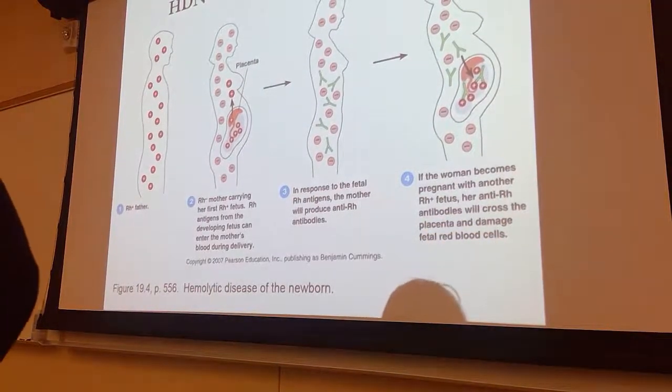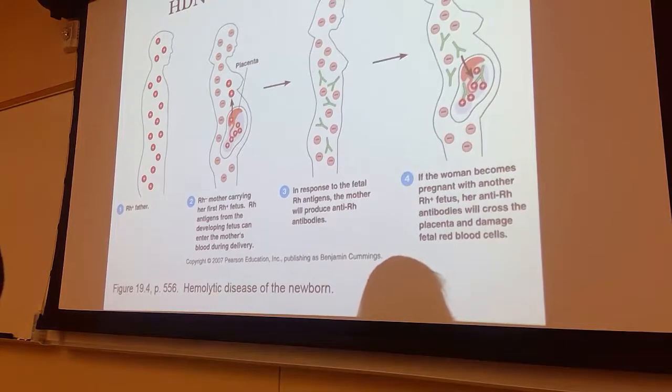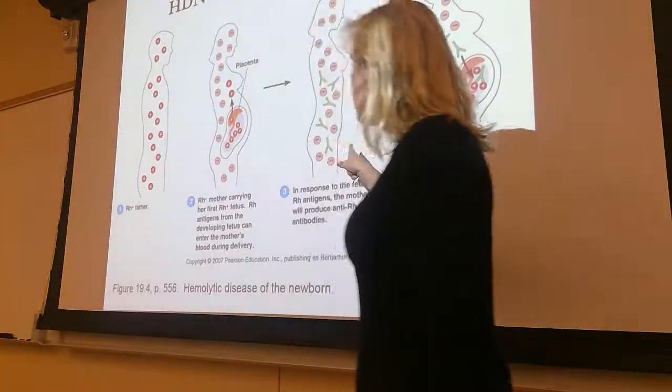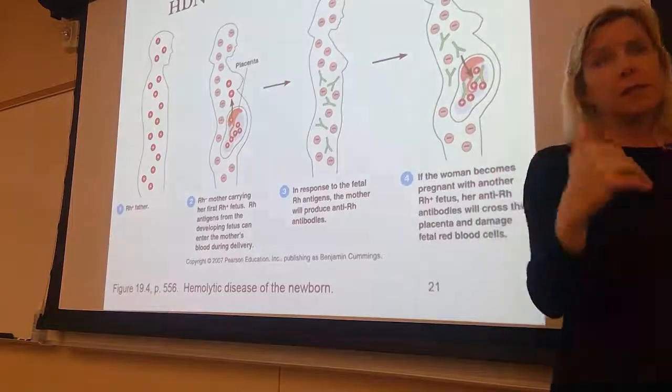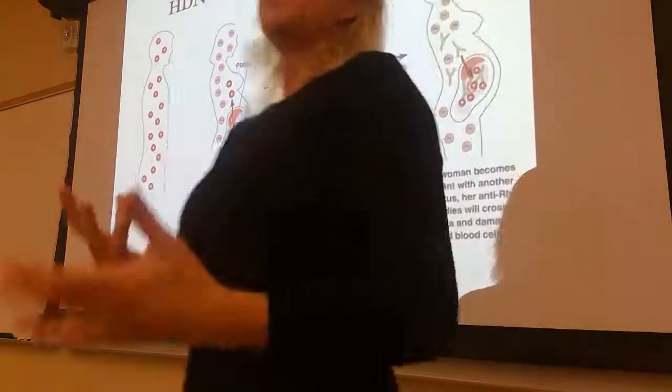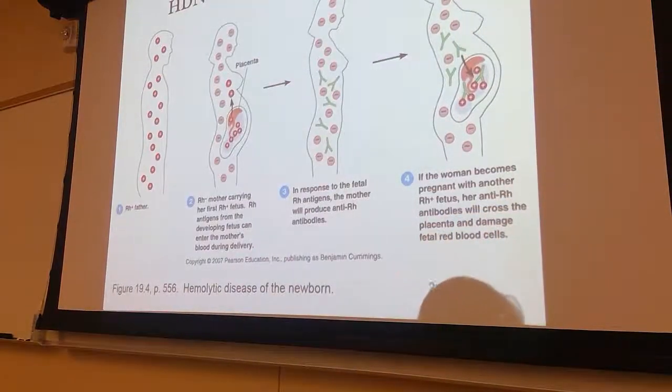Fool me once. Shame on me. But I'm going to be ready the second time. So she gets pregnant a second time with an Rh positive baby. Her immune system has now been sensitized, making antibodies against the Rh factor. Her second pregnancy is at a risk for this agglutination to happen in vivo.